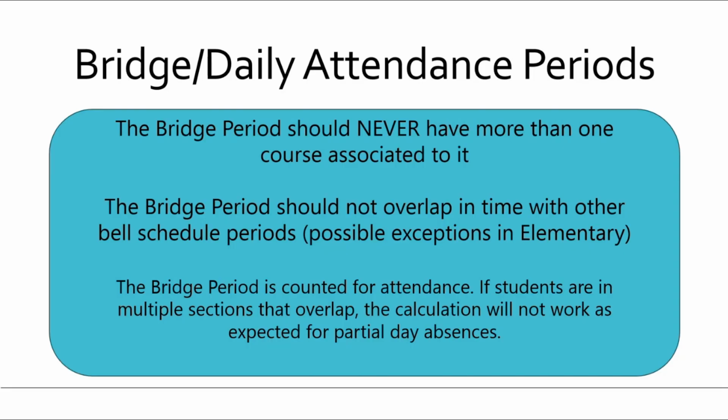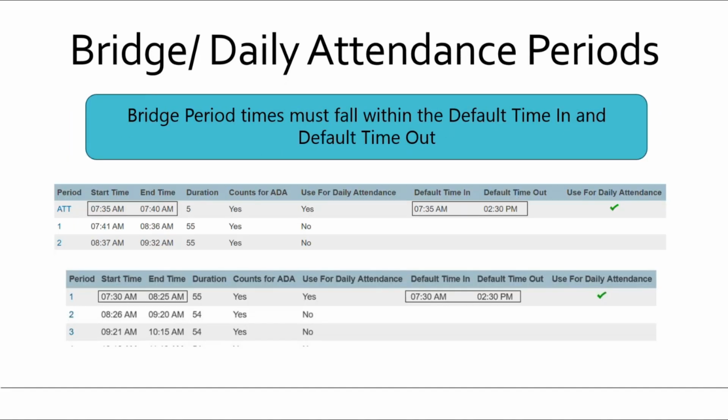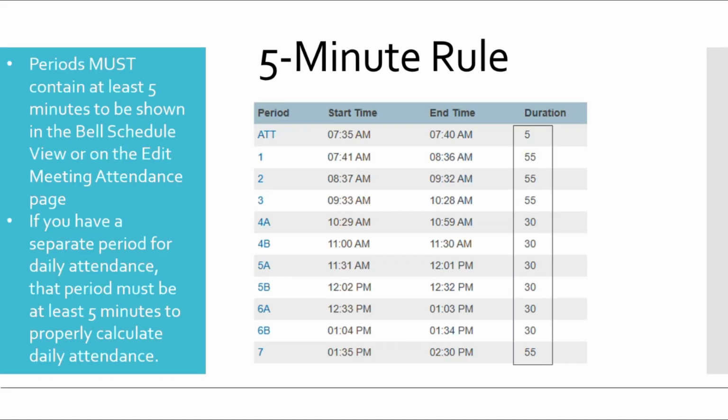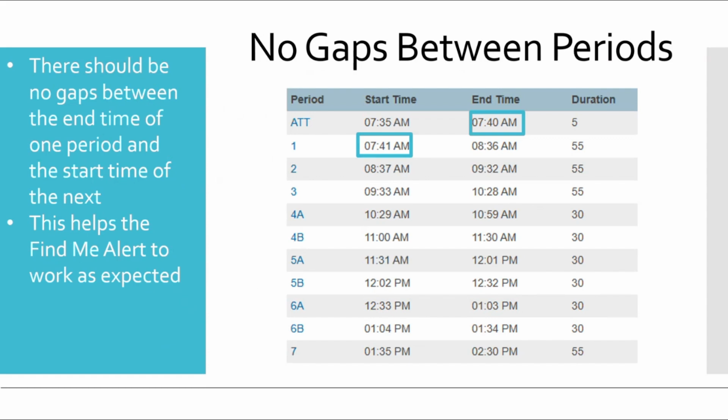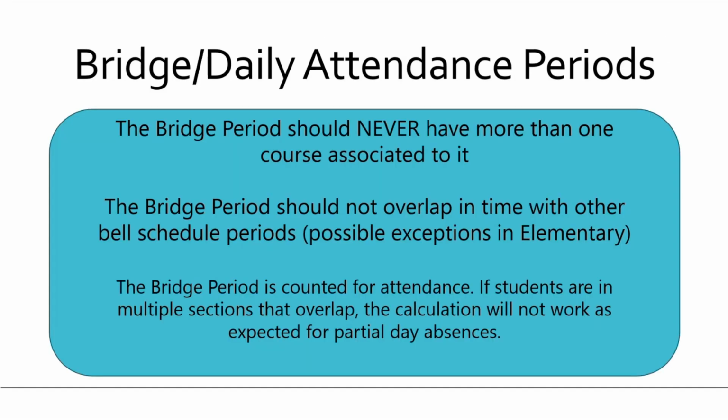And I know this seems really small, but similarly to no gaps in between periods, the overlap can be as simple as starting and ending in the same minute. So if this ATT period ended at 7:40 and first period started at 7:40, that is technically considered an overlap. You would want to avoid that and have your next period start at 7:41, or whenever the next minute would be.